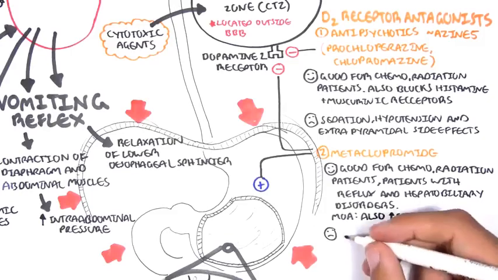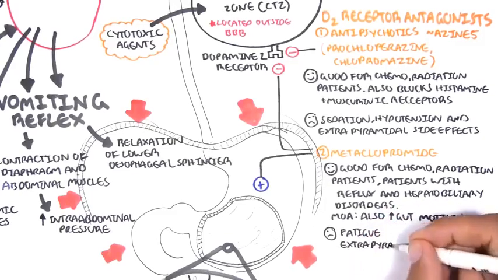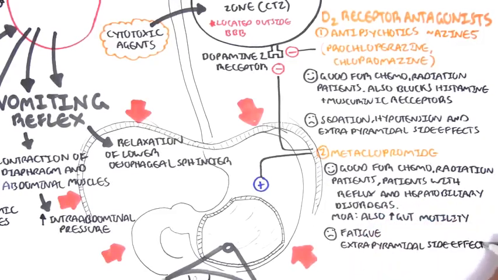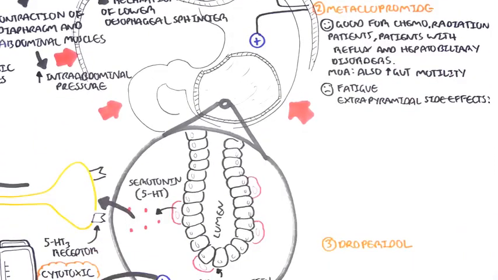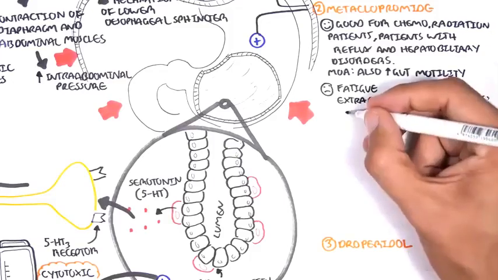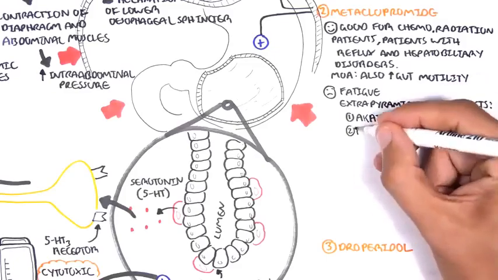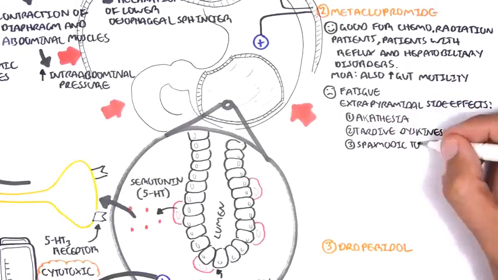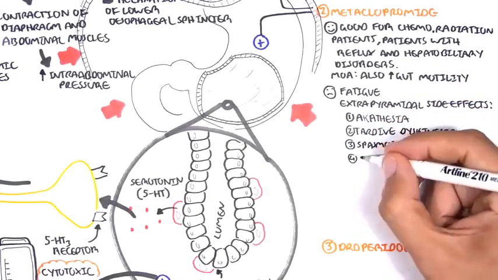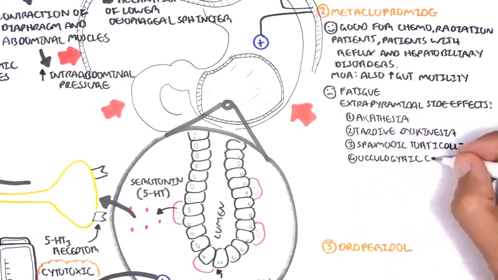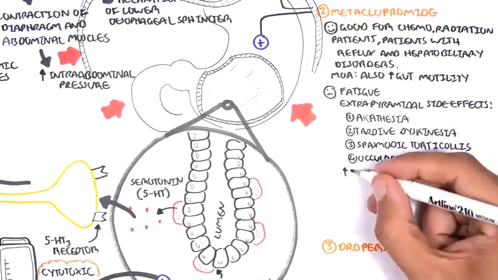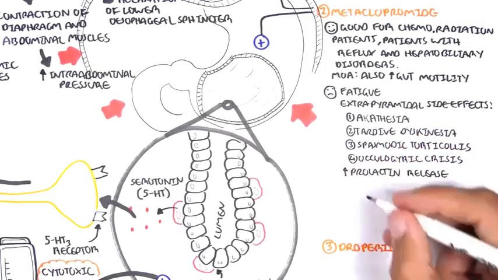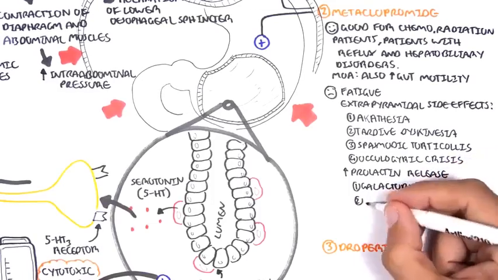The side effects of metoclopramide, other than gastrointestinal upset, include extrapyramidal side effects. Extrapyramidal side effects, as mentioned, are common in antipsychotic medications. These include akathisia, which is restlessness, tardive dyskinesia, spasmodic torticollis, and oculogyric crisis. It can also increase prolactin levels, which can result in galactorrhea, menstrual problems, as well as more lactation.